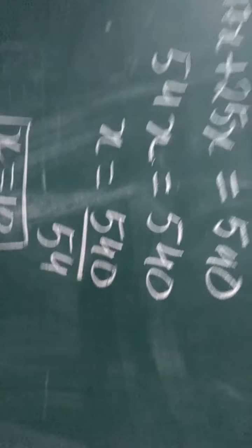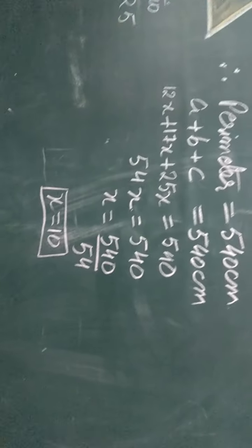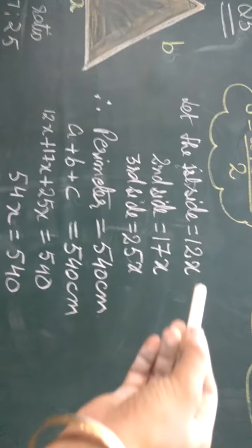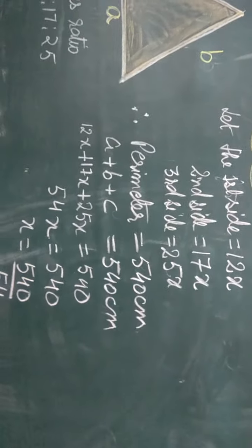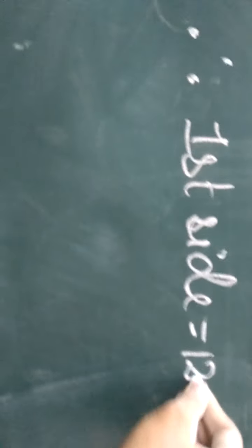54 tens are 540. So now what we can do? Now by putting the value of x in the assumed sides, we can get the value of all the three sides. So let us start putting the values. Therefore first side is equal to 12x, that is 12 into 10, 120. Because perimeter is given to us in centimeters, we will write centimeter.